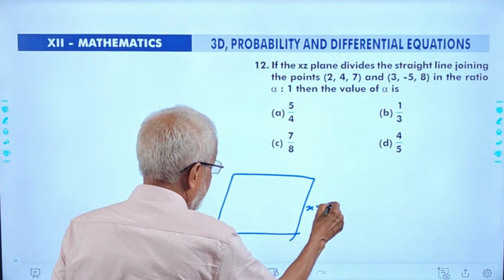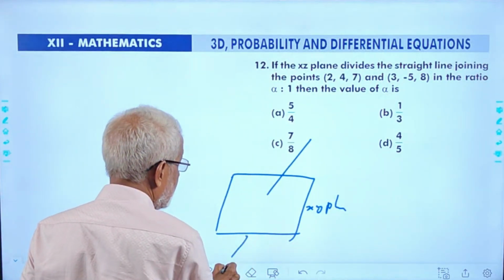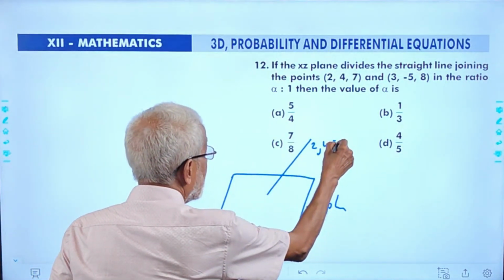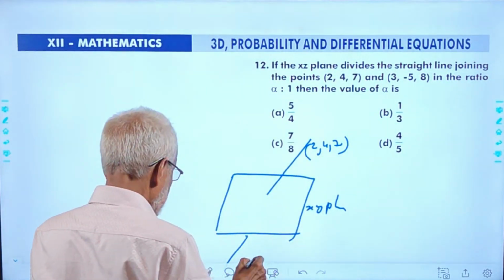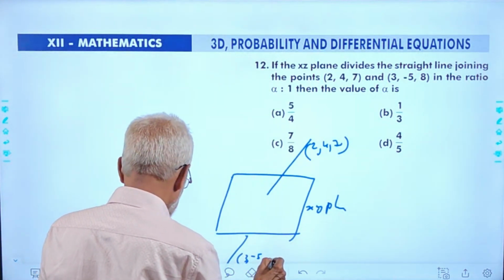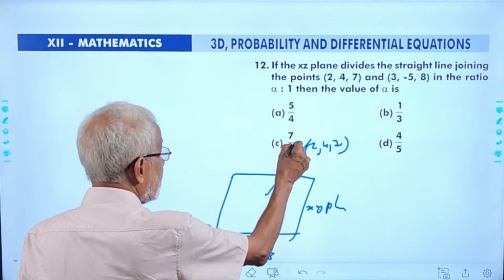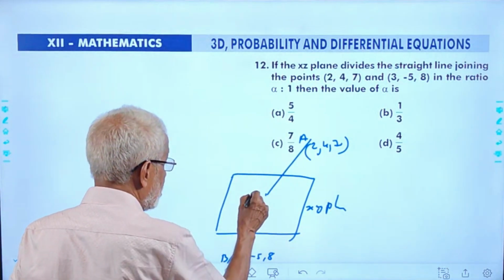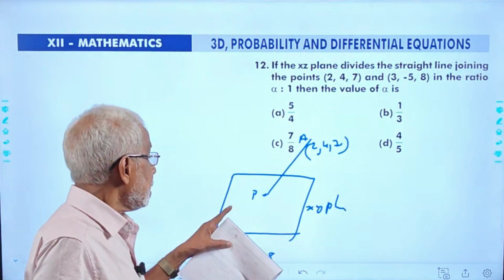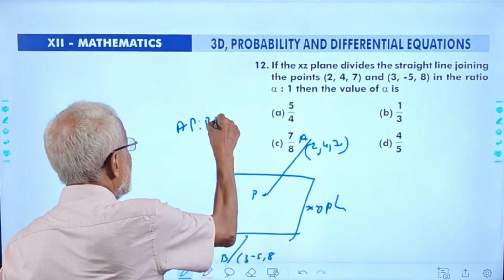The points are 2, 4, 7 and 3, minus 5, 8. This is the point A, this one is the point B. P divides the line. Then we are given AP is to PB is equal to alpha is to 1.